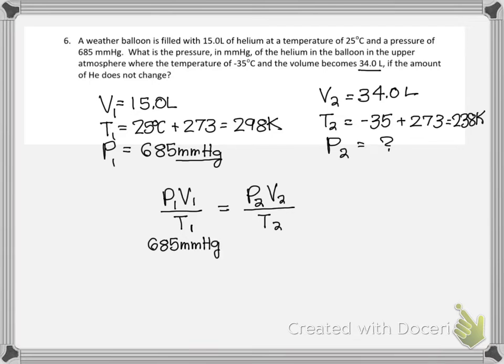So pressure 1 times volume 1 divided by temperature 1 equals pressure 2, which I don't know, times volume 2 divided by temperature 2.